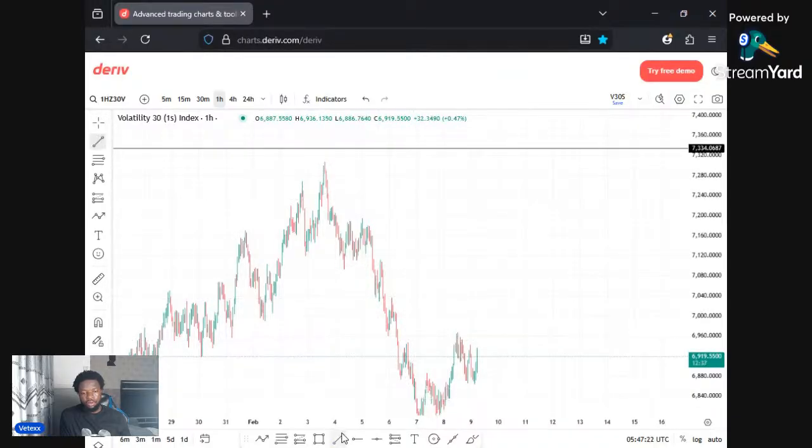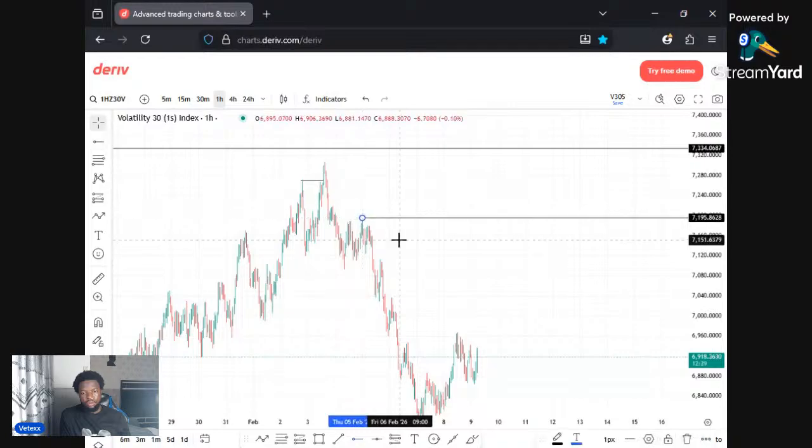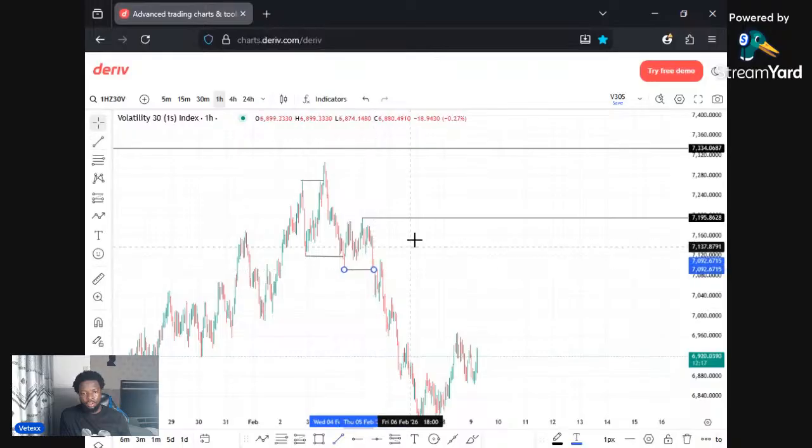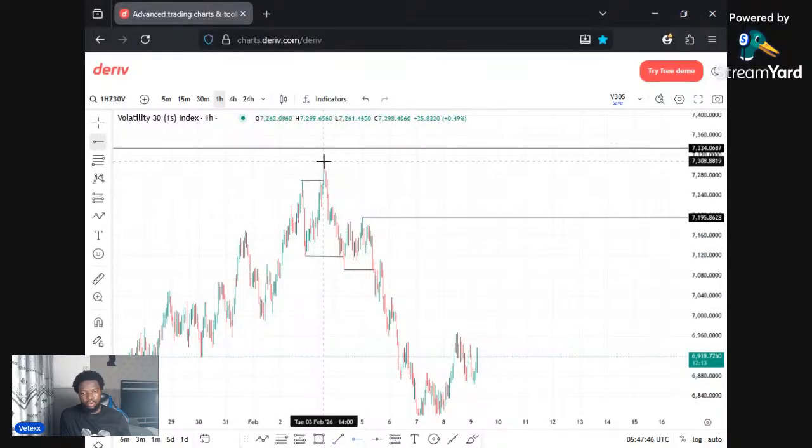So we have a sweep of liquidity here. Then we have structural liquidity. This becomes our first break of structure. Mind you, this is the 1-hour time frame. And we have our second break of structure here. And this is our point of interest.